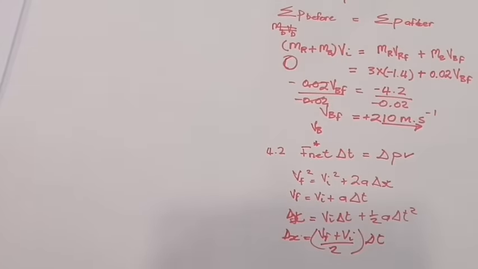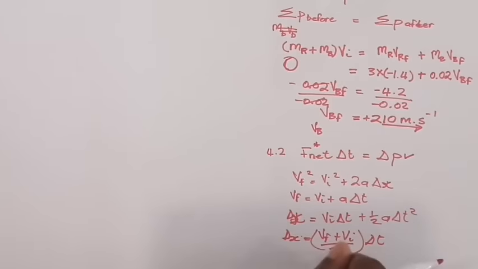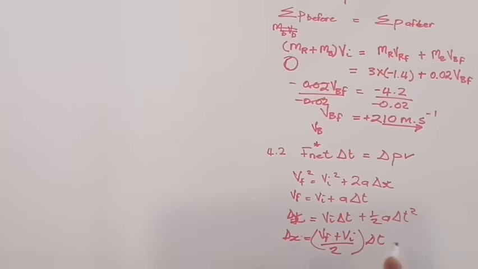I'm just trying to help you remember what we do in order to find the time. If you think about it, we're given delta x in this case. We want the change in time. We've got the final velocity and the initial velocity. So for me, this looks like the more appropriate equation to use.